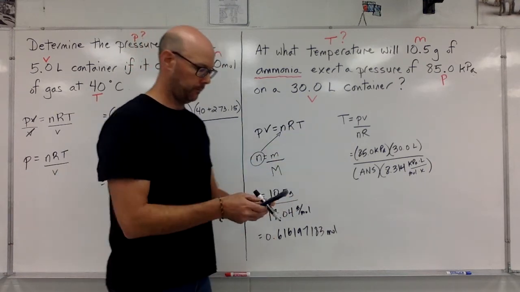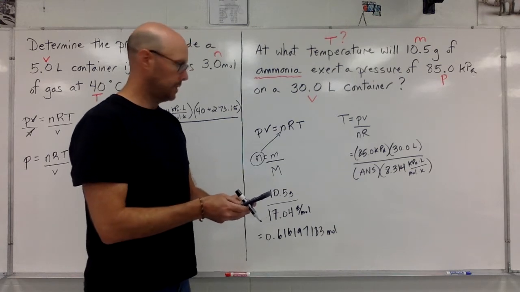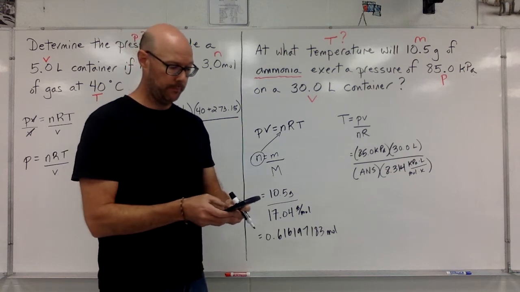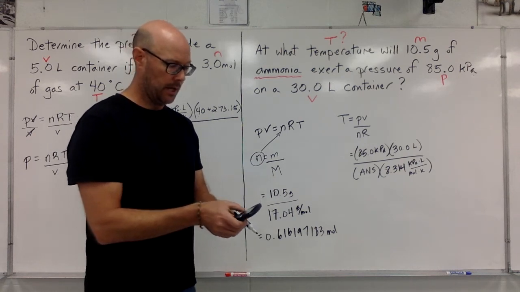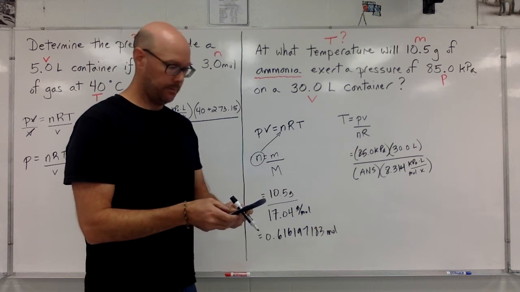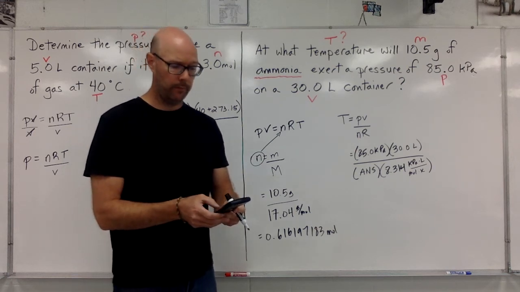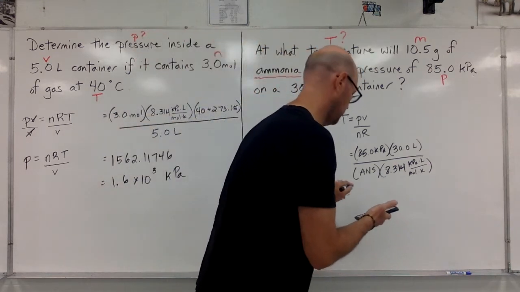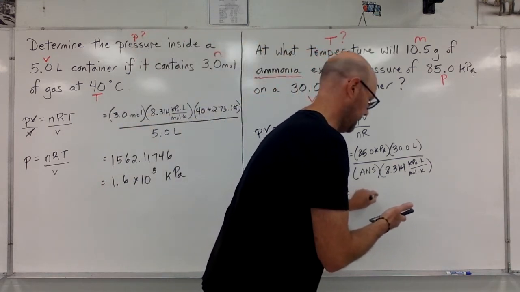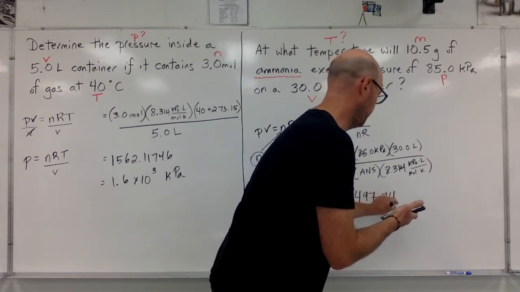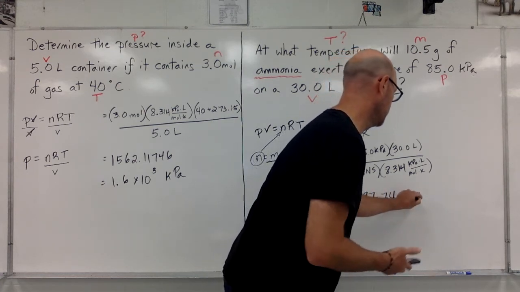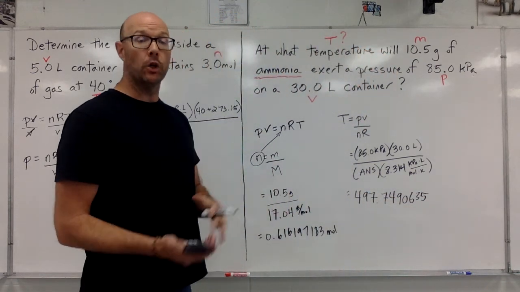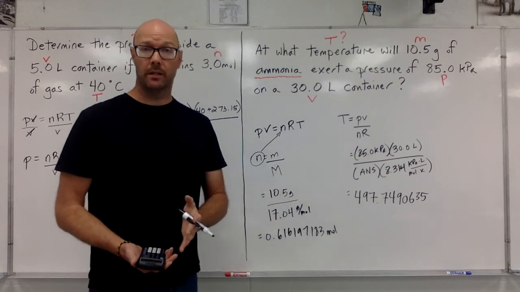So here we go. 85 times, pardon me, not 35, 85 times 30 divided by our answer times 8.314. We get 497.7490635. Our raw answer.